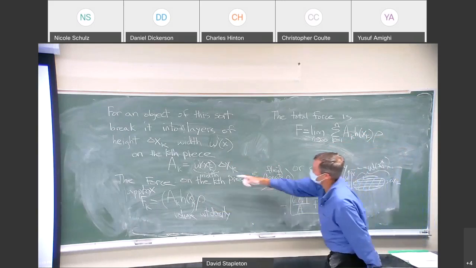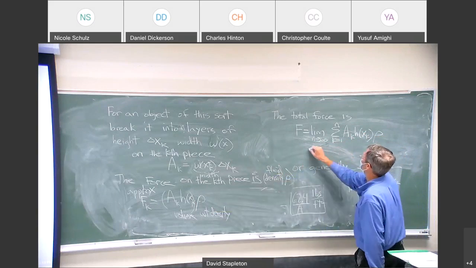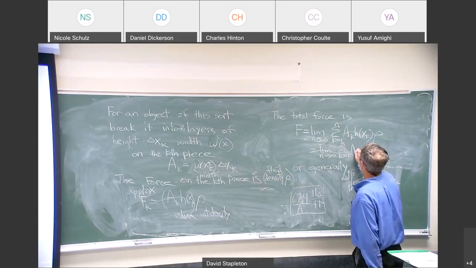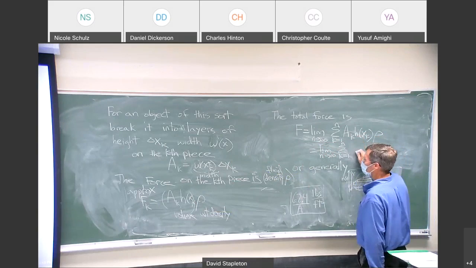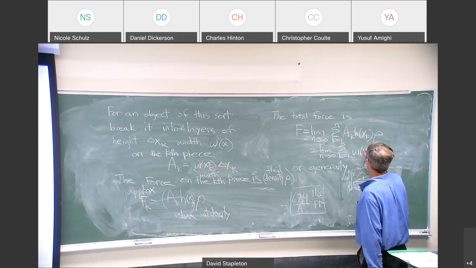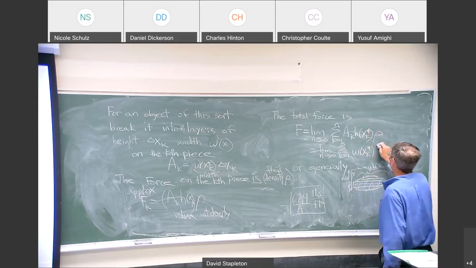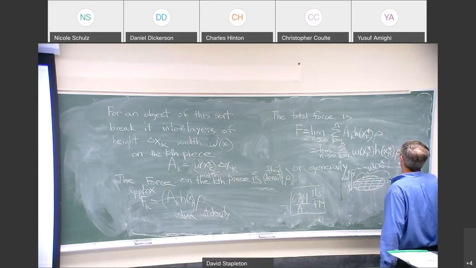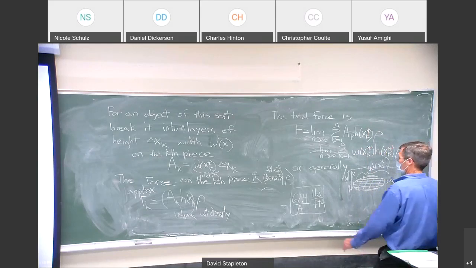And Ak is this, w of xk delta xk. So this is the limit as n goes to infinity of the sum k equals 1 to n, w of xk star, let's put a star on here, h of xk star, rho delta xk. There it is.